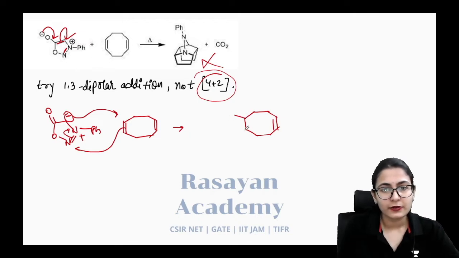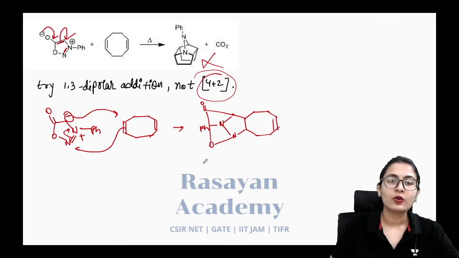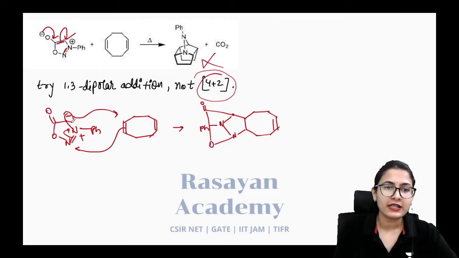So see, I have this carbon over here, this nitrogen over here, and instead of writing inside, I'm writing this outside. This nitrogen has a lone pair, and still there is this carbonyl as well as the oxygen over here. I just hope that you understand. I have just inverted this nitrogen like this.